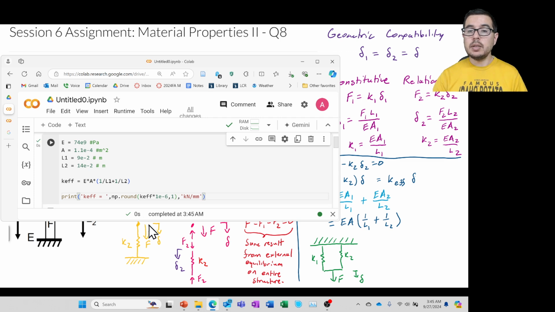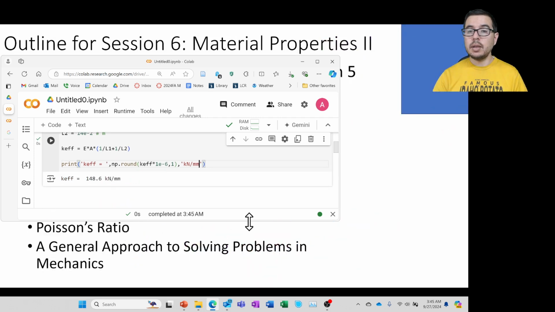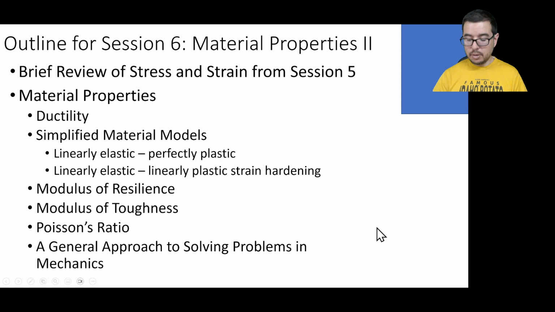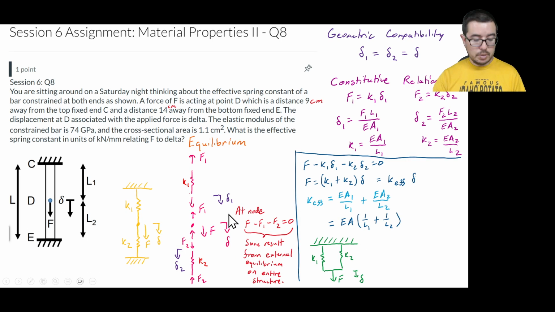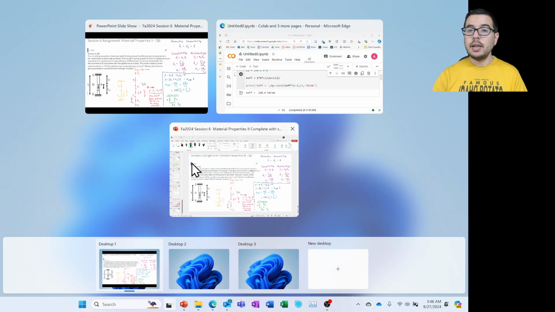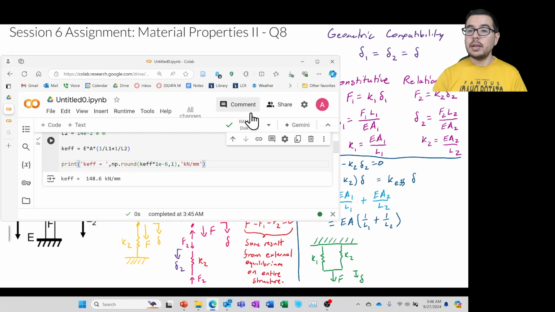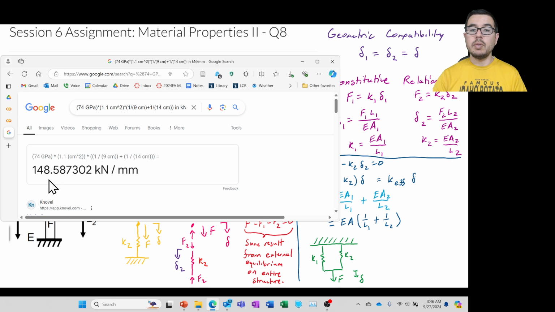Let's see what it says. It's anticlimactic. Okay, so 149 kilonewtons per millimeter. And if we go back to Google, that's what we got here as well, 149 kilonewtons per millimeter.